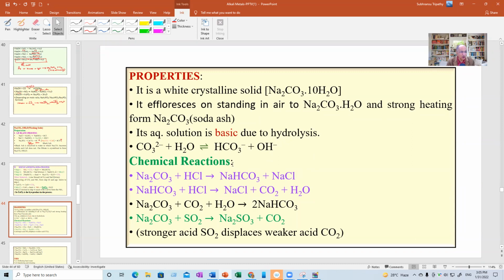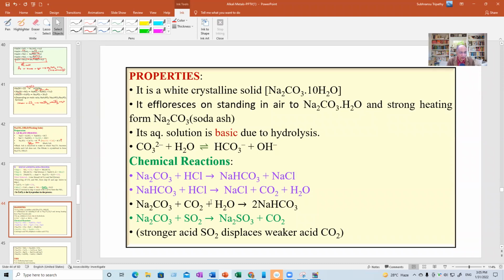And these are the non-redox reactions. If you add HCl slowly, you will first get sodium bicarbonate. You don't find any carbon dioxide evolving. We shall be doing that in our ionic equilibrium program. If you add slowly, then this is the first stage where you get sodium bicarbonate, no carbon dioxide. But another same quantity of HCl, if you add to this, the sodium bicarbonate now will give you carbon dioxide.